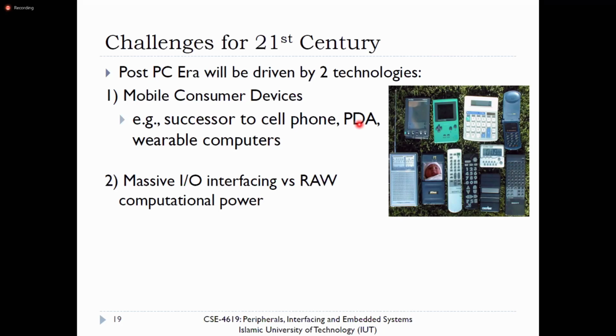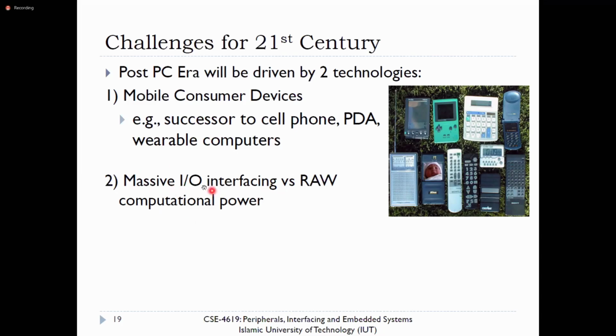Another is massive IO interfacing, done wirelessly because we are no longer connected to a wired computer system. So these are the two main challenges: mobility and IO interfacing. In most wireless communication protocols, we have to consider these mobility issues. But as our course is related to IO interfacing.